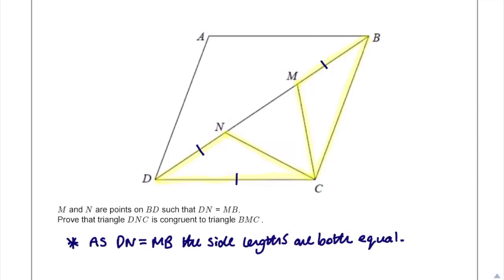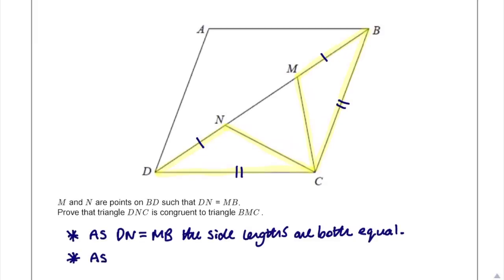Now, the other side that we can explain is this side down here. So if I represent that with 2 dashed lines, well, because we know ABCD is a rhombus, and you should know that all of the sides of a rhombus are equal, we can therefore say that DC is equal to CB. So that shows that they're congruent.